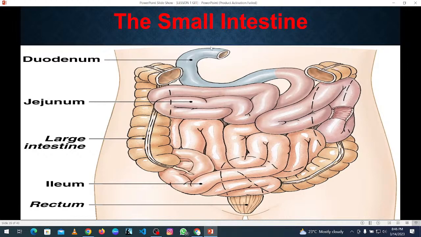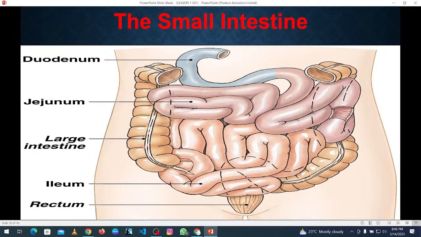And what are some of the things that are digested in the duodenum? 90% of the foods we eat are absorbed in the duodenum. Very little is absorbed in the stomach, and the highest amount of the digested foods are absorbed in the intestines.